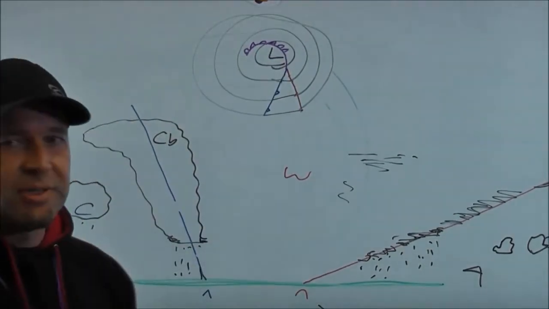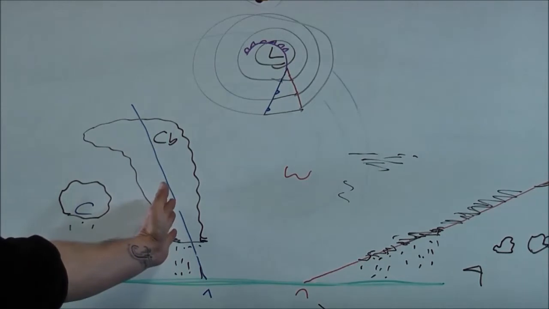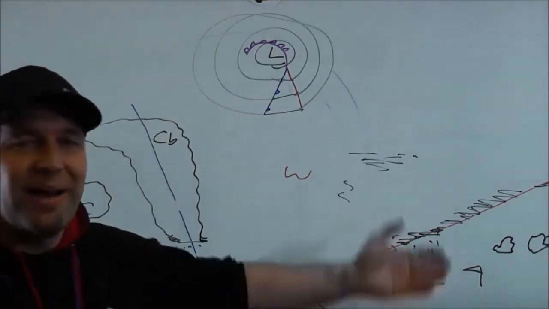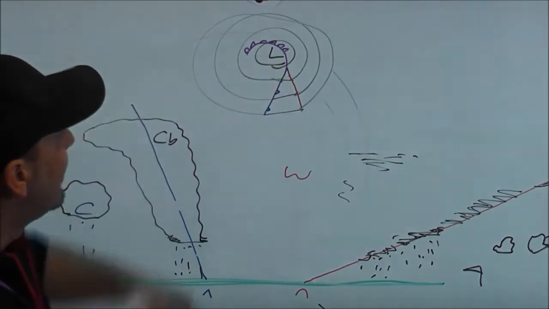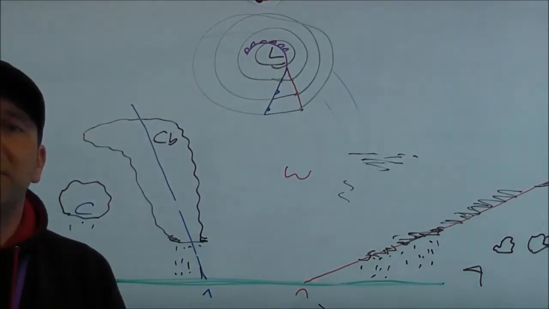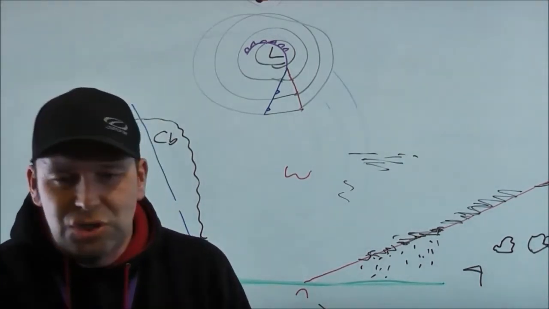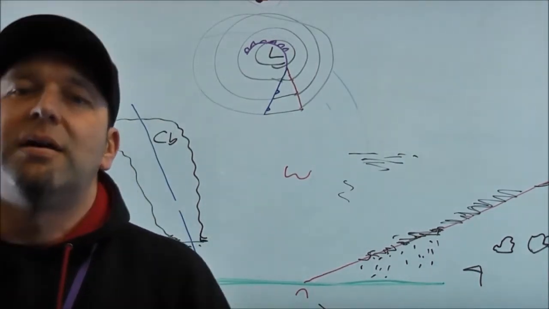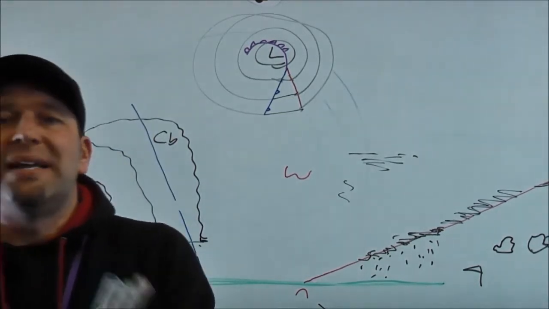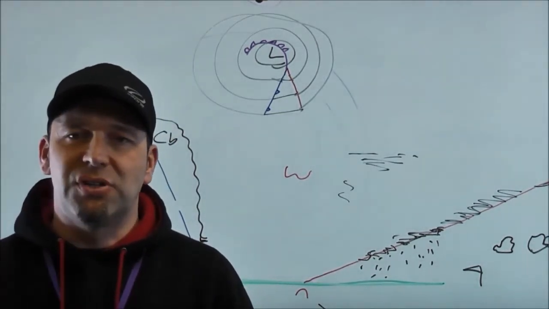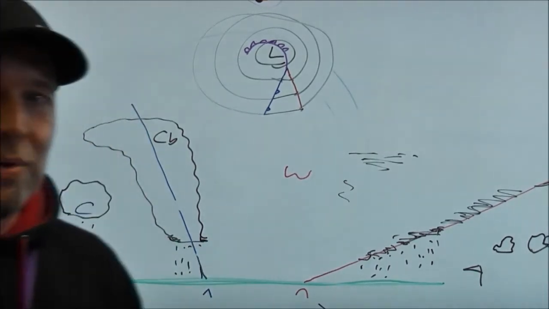And occluded fronts are particularly bad because they retain all of the bad weather from a cold front and all of the bad weather from a warm front, all in a specific area. And it's a bit like zipping up. So if you can imagine that this is the zip and the cold air is just trying to zip up that frontal system and force that warmer, more dense area out of the scenario. So occluded fronts can be quite vicious.